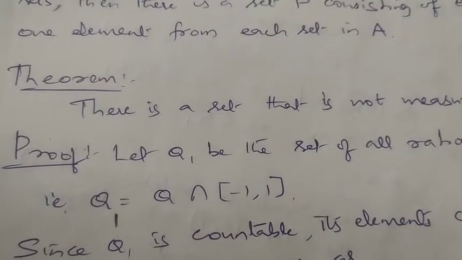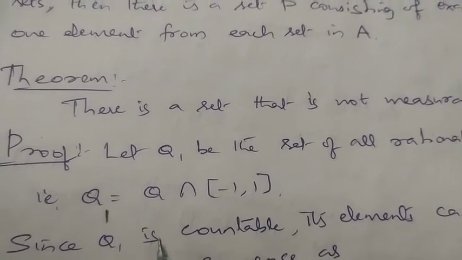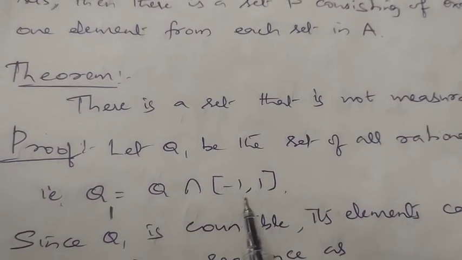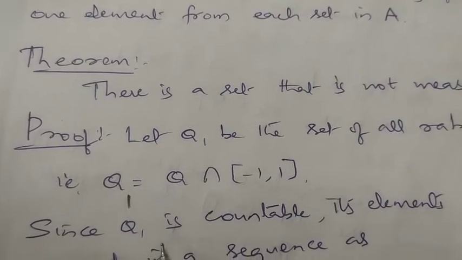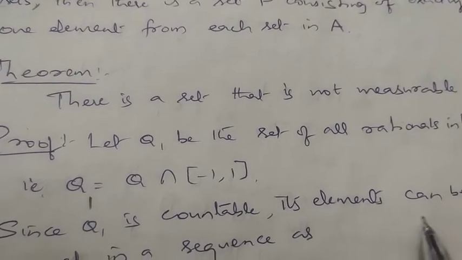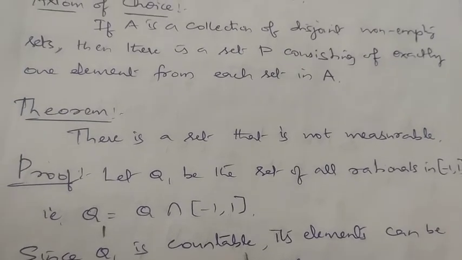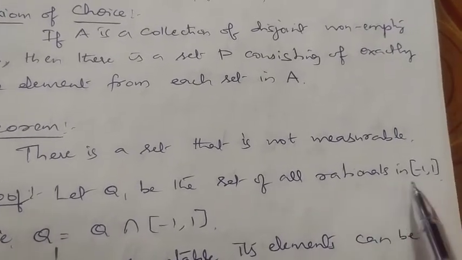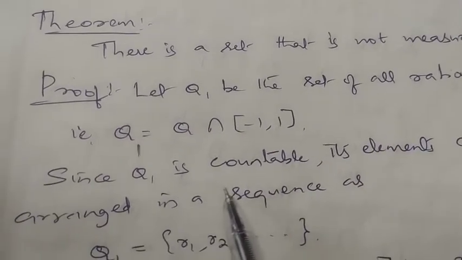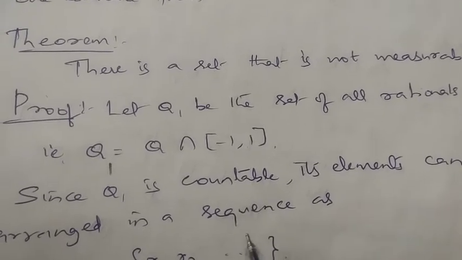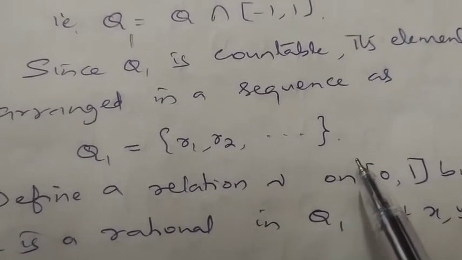Now Q1 is countable, because the rationals are countable, so the intersection is countable. Since Q1 is countable, its elements can be arranged in a sequence: Q1 equal to R1, R2, and so on.